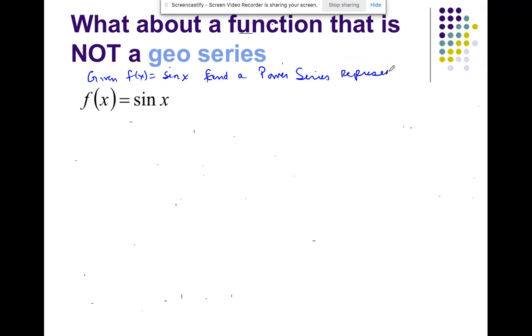What if the function I give you is sine and I want a power series representation of sine x centered at 0?